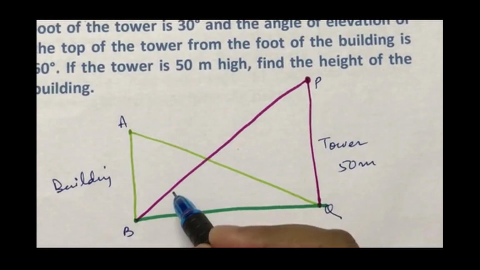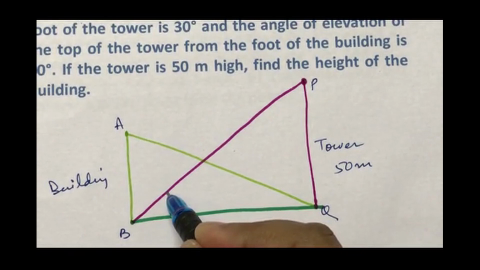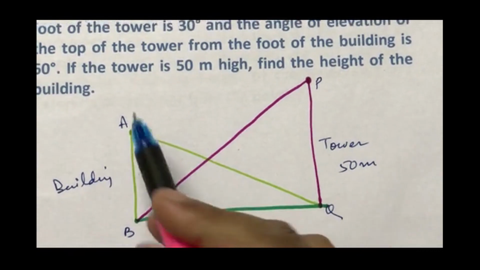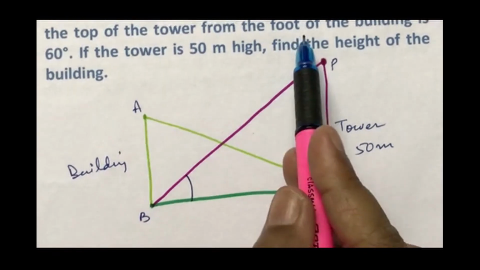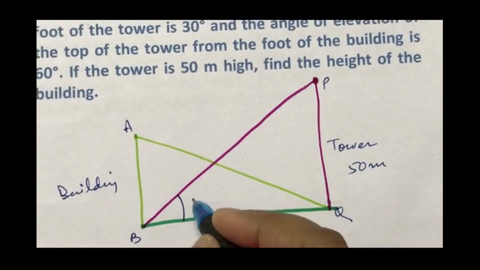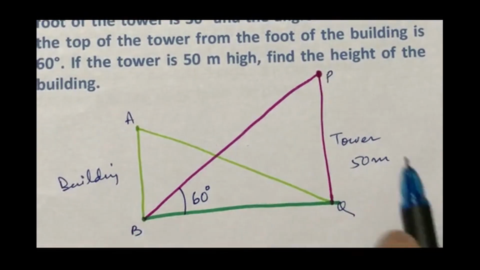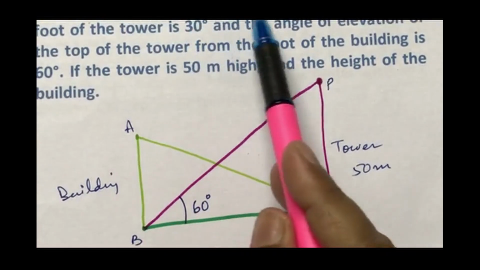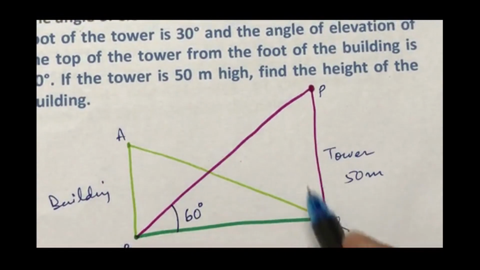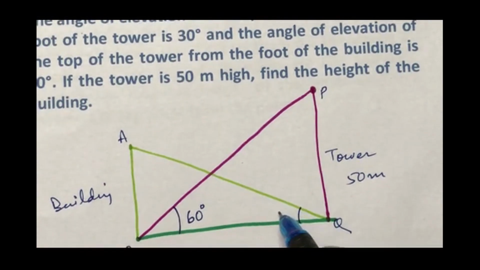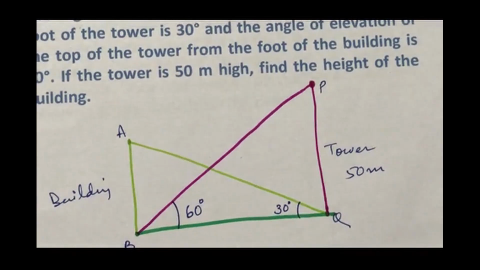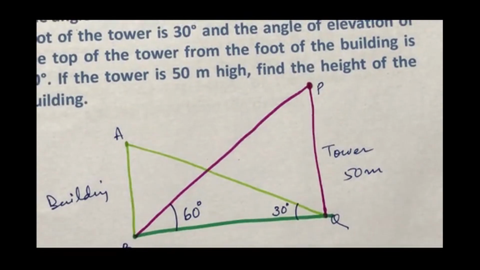Then the angle of elevation of the top of the tower from the foot of the building, this is 60 degrees, and the angle of elevation of the top of the building from the foot of the tower, this is 30 degrees. Now what is the question?